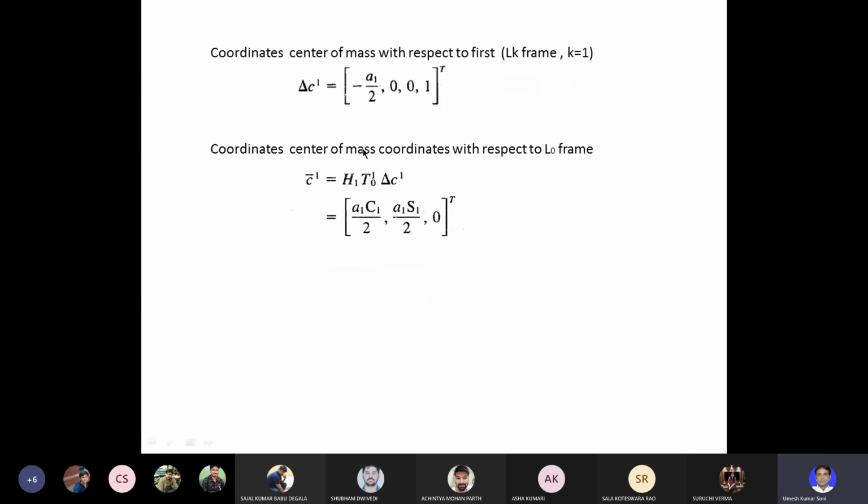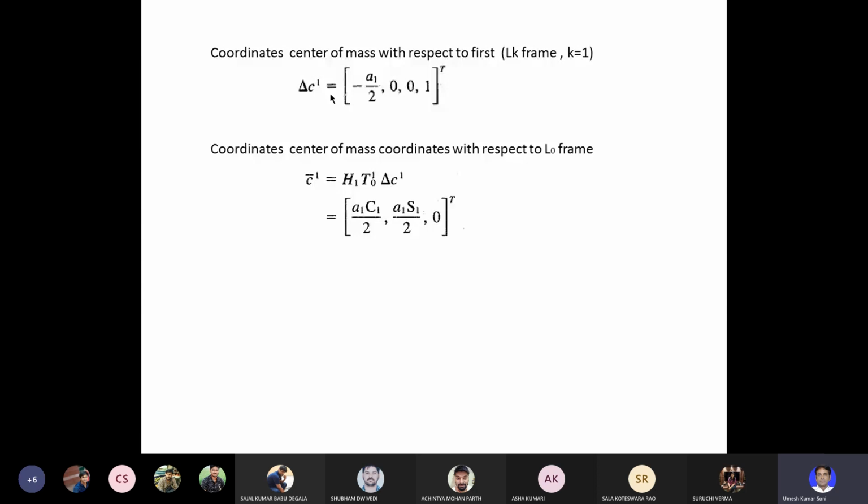After that, we determine the coordinates of the center of mass of link 1 with respect to coordinate frame 1.